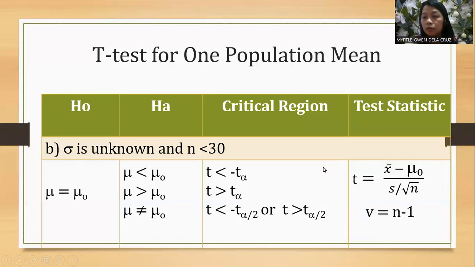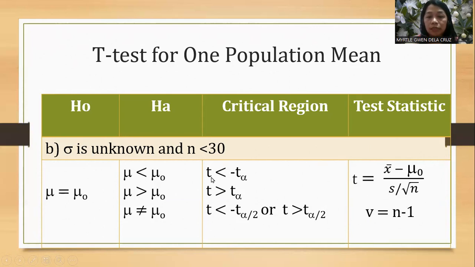Since we're going to use a t-test, we're going to be computing t equal to x bar minus mu sub 0 over s divided by square root of n.